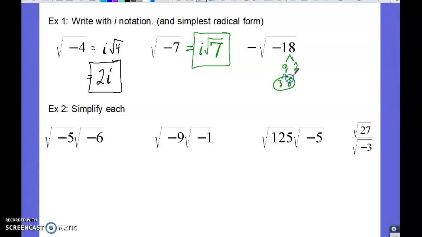So you have a pair of 3's to bring in front. This negative accounts for my i. And then root 2, because it did not have a pair in there.